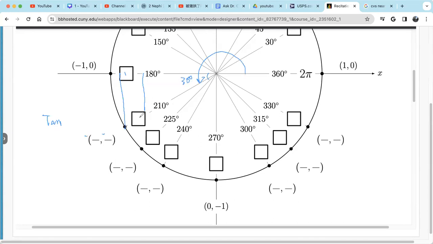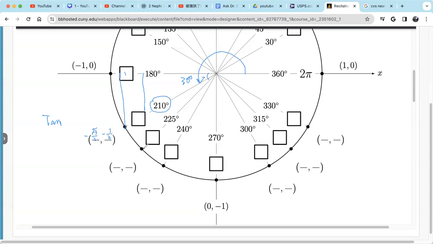So the values are the same as cosine 30 and sine 30, but with negative signs. Cosine 30 is √3/2, so because the angle is in the third quadrant, cosine 210 degrees is negative √3/2. And sine is negative half.